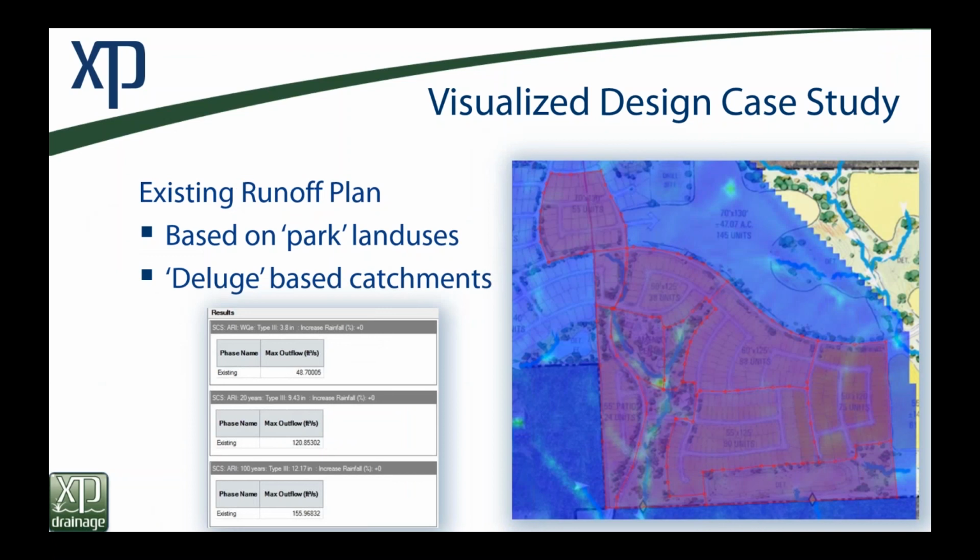If anyone's heard of 2D modeling, that is often much more robust and takes much longer to run. This is a more simplistic 2D assessment. With this quick 2D assessment, we get a sense for the overland flow paths and can delineate our catchments based on that and plan how our site should incorporate green infrastructure.